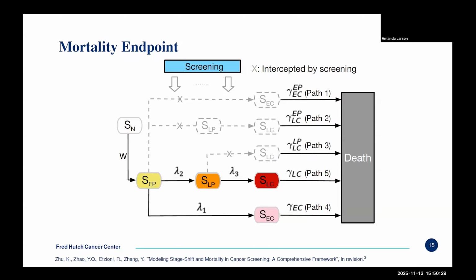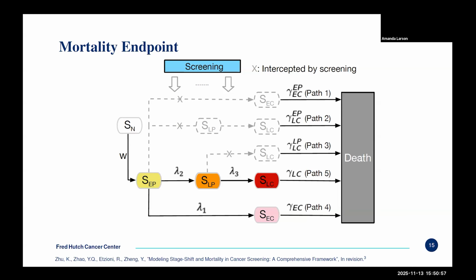So someone who has screening, if they enter this picture, they don't go through the lambda 2 arrow, they go somewhere else in the picture? So you mean go through lambda 2, like go to the preclinical? Yes, if they're detected here, then they will not further move into LP.